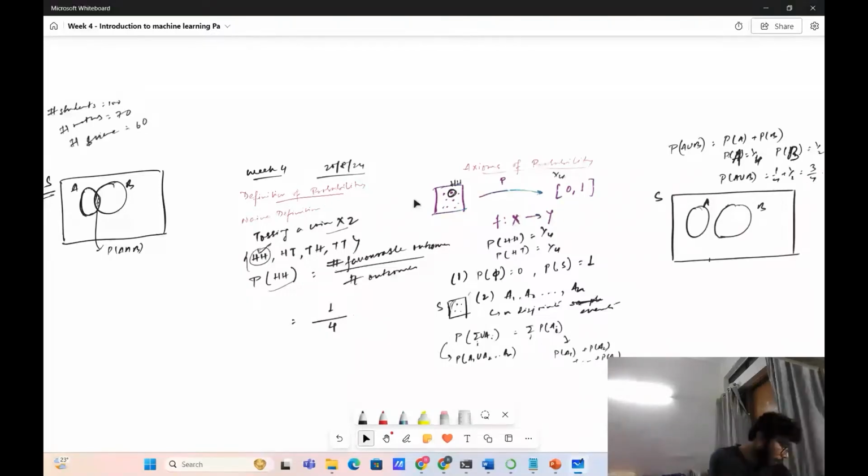A represents the probability that a student has passed in maths, and B represents the probability that a student has passed in science. So P of A intersection B represents the probability that the student has passed in both the subjects, science and maths. Example. Okay. Is that clear?